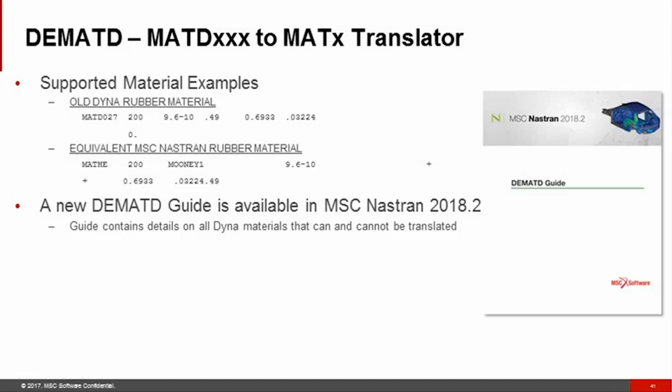Here you can see some examples of the supported materials. The old Dyna rubber material format was MAT D027, and the equivalent Nastran format for rubber materials is MATHE. If you have any questions, you can always review the release guide, or the DMAT guide, or you can call our technical support people, and they're very helpful to provide you more insight.